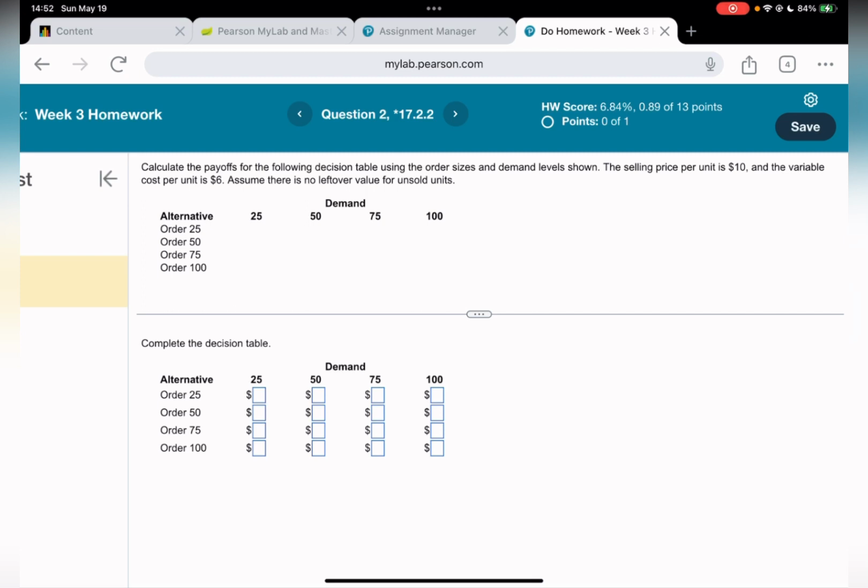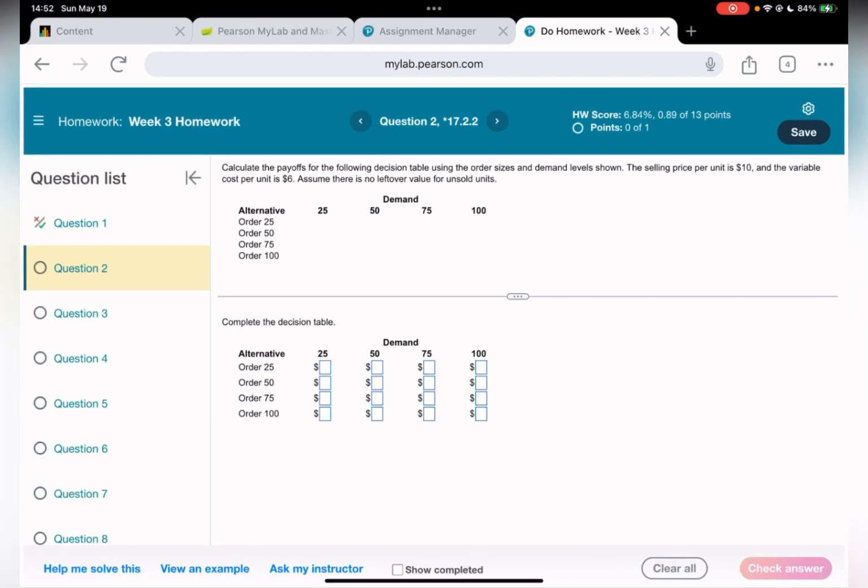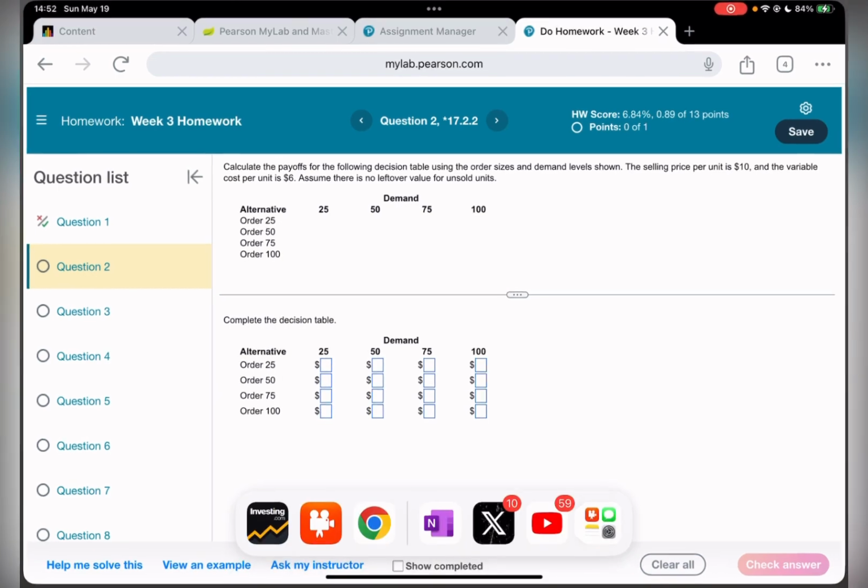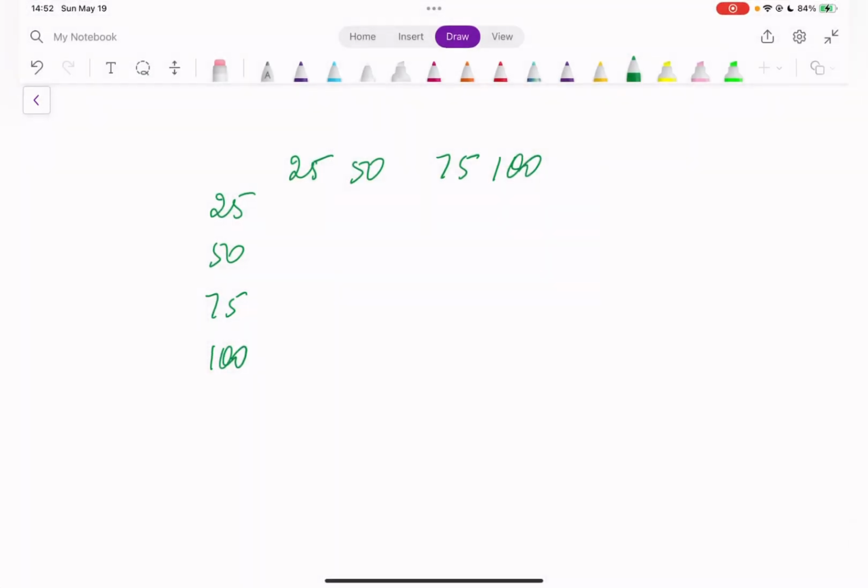All right, let's do it this time. I'll pay attention not to make such silly mistakes. Let's get going. So price is 10, cost is $6.